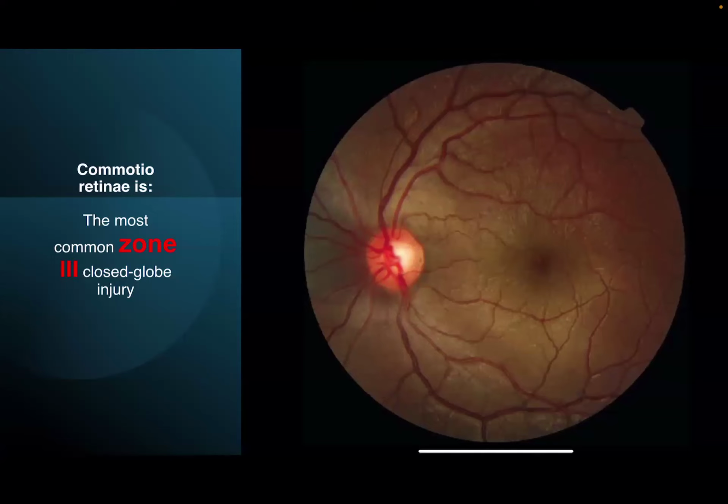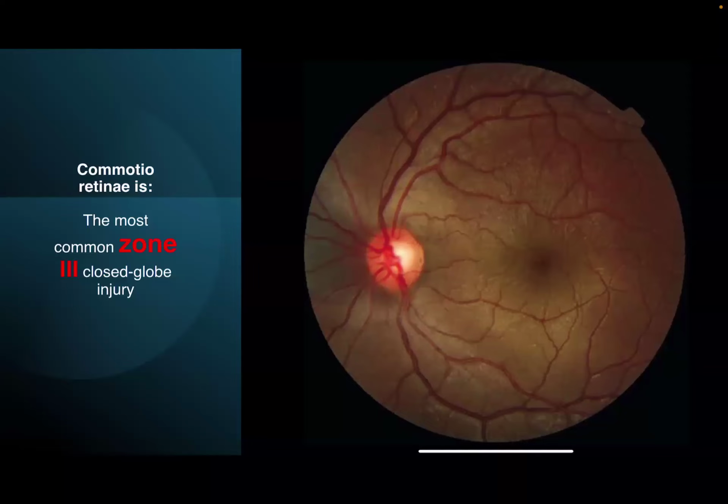Here is the common zone 3 closed injury, commotio retinae. It's the most common zone 3 closed globe injury. It's intraretinal edema involving the outer segments, and can present with visual loss or visual field defects. It can continue for weeks to months, and can be treated conservatively.